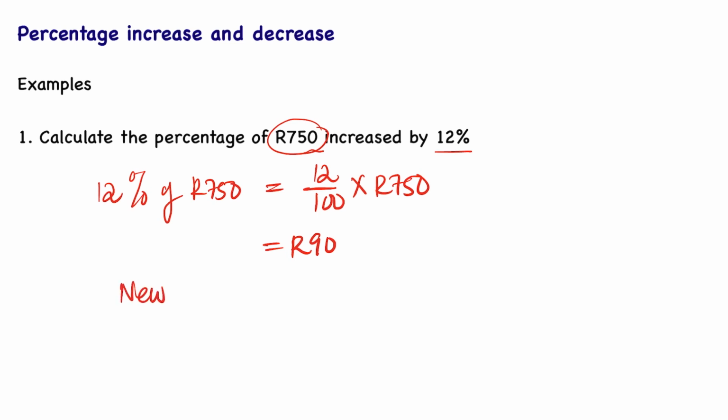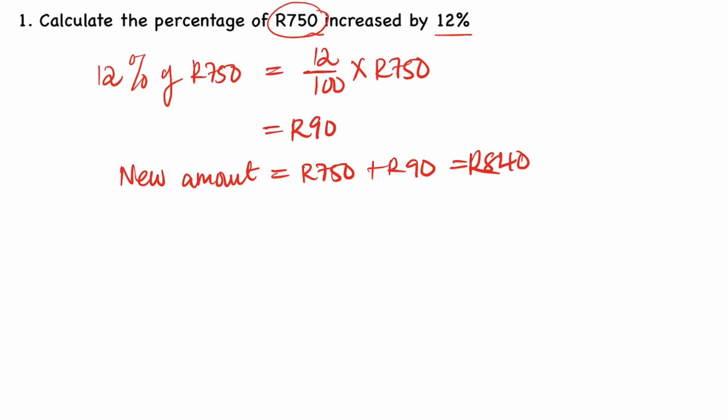So the new amount now will be 750 plus 90 rands, so it will be 840 rands, right? Alternatively, you can calculate it this way in one go.